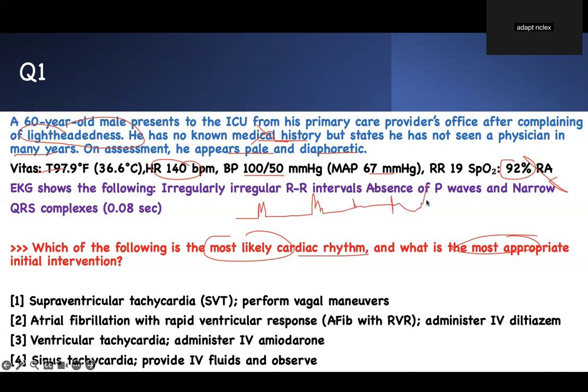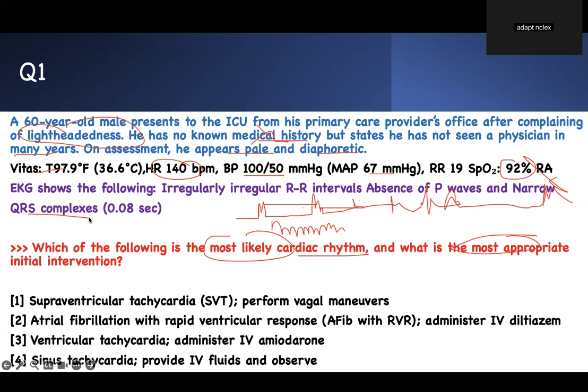Something like that. Basically from R to R are not the same. And there is no P wave. So what you have is something in between the RR intervals. You can't see anything. This is consistent with, and it's a narrow QRS complex. It's not the wide one.